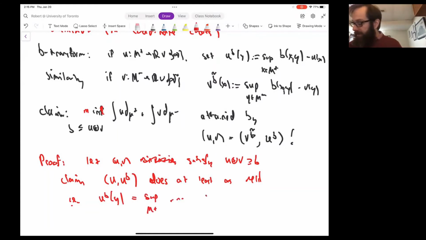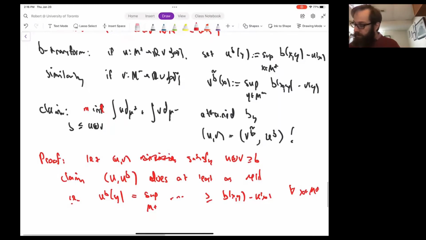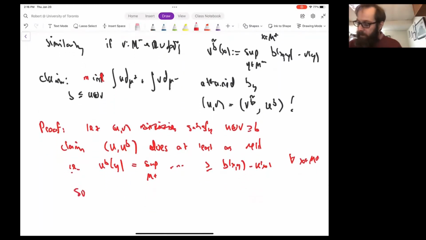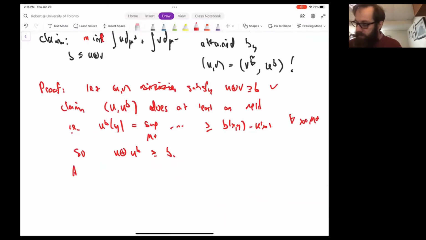And so for every x, the supremum is bigger than b of x, y minus u of x. And so U and its transform also are bigger than b. So it satisfies the constraint. And on the other hand, V also satisfied the constraint.